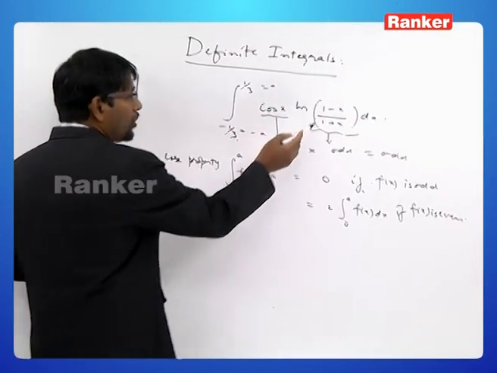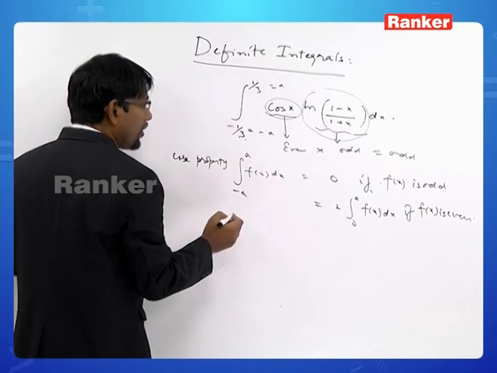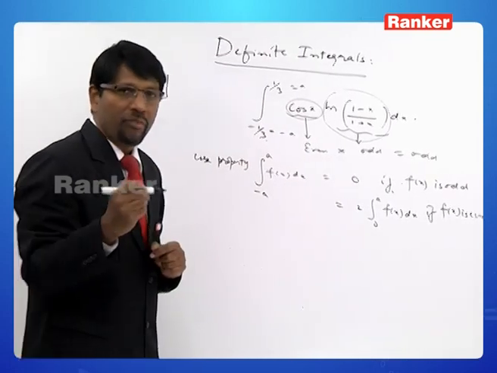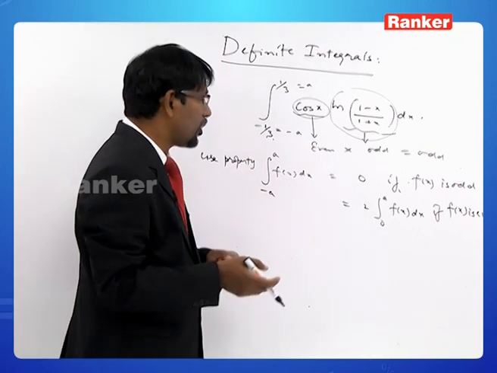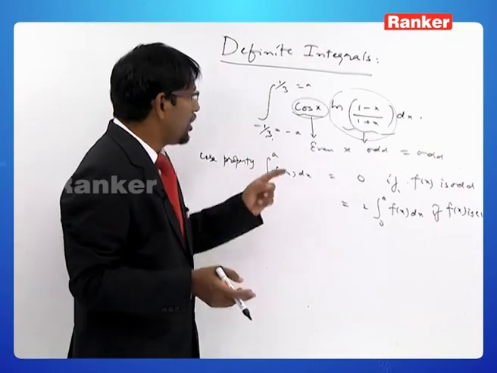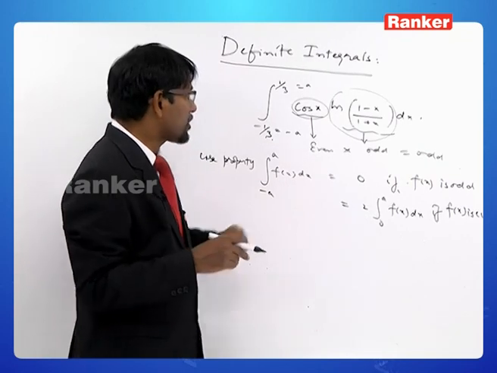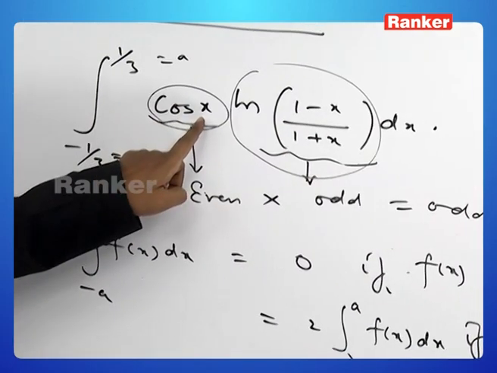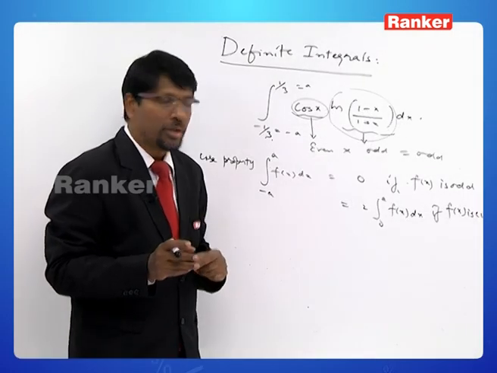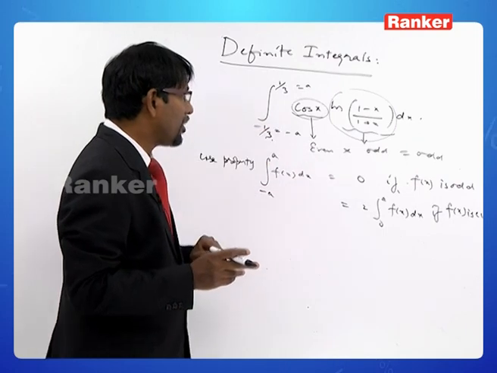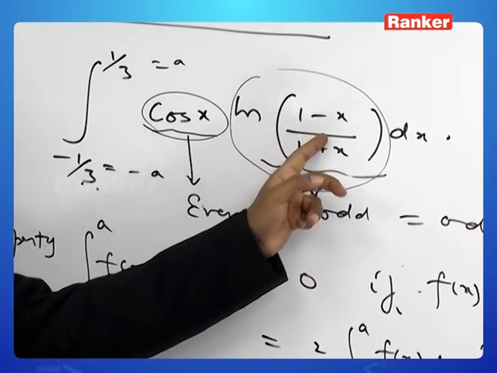Now let us observe how this function is an odd function. This is clearly an even function. What is an even function? F of minus x must be equal to f of x for all x belonging to the domain. What about an odd function? F of minus x must be equal to minus f of x. If you replace x with minus x here, there is no change in the function because cos of minus x is the same as cos x. So that is clearly an even function. What happens to this when you replace x with minus x?